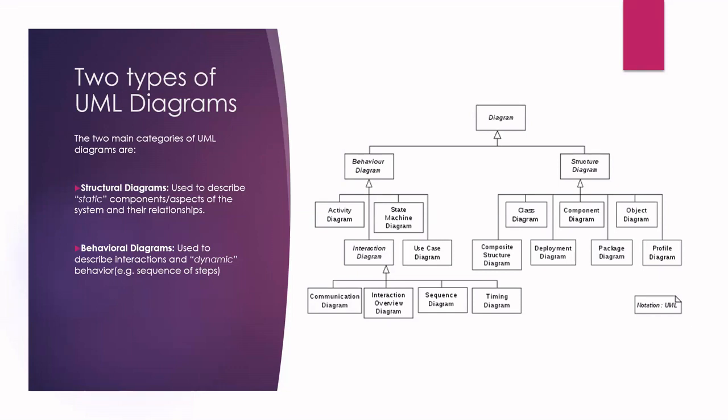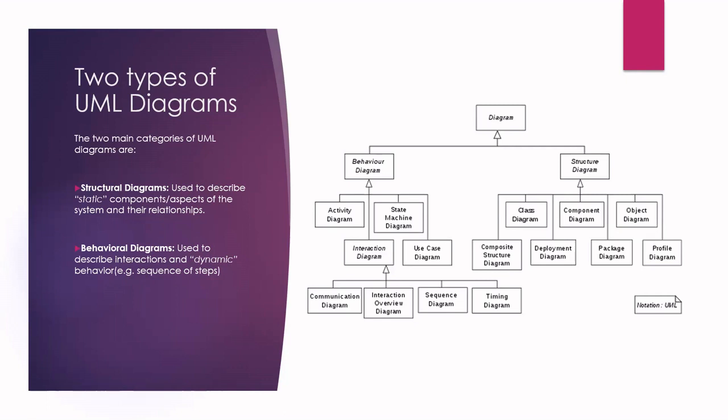Okay, so there are a set of diagrams. The two main categories are structural diagrams and behavior diagrams. So, as we agreed, modeling is just to capture particular aspects. When you create a model, you just capture particular aspects of a complicated system. So every model gives you a view of the system.